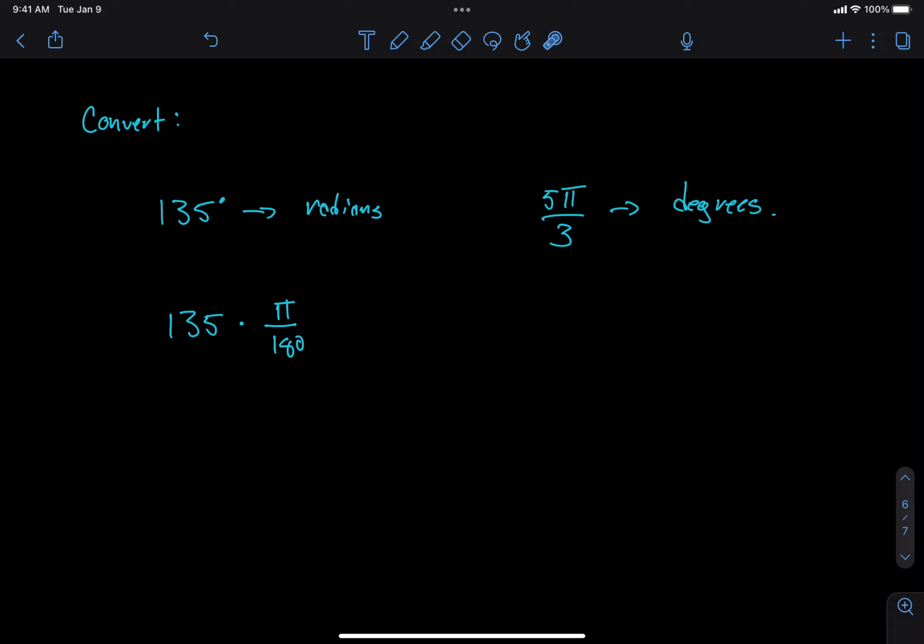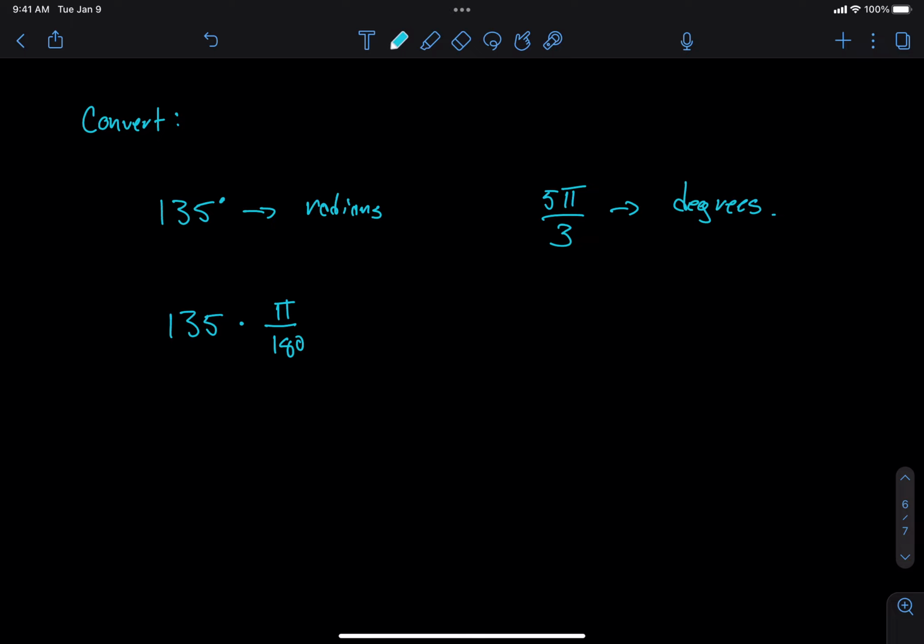And in general, what is this number? It's like 3 point something divided by 180. This number is much less than 1, like a fraction, like 3 over 180. So it makes sense that when we go to radians, a big number like 135 is going to turn into a much smaller number in terms of radians, because 1 radian is like 59 degrees or something like that.